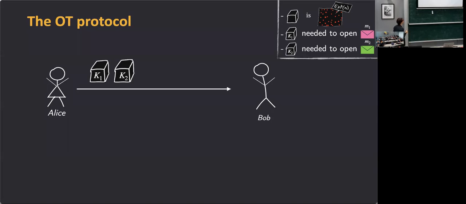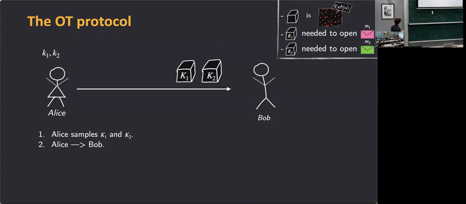I'll explain more how this works. The first step is Alice is going to generate some random position and then sample these very large states at this random position to extract a key 1 for the first one and a key 2 for the second one. She samples them at the same position. And then she remembers the position and she remembers the values.